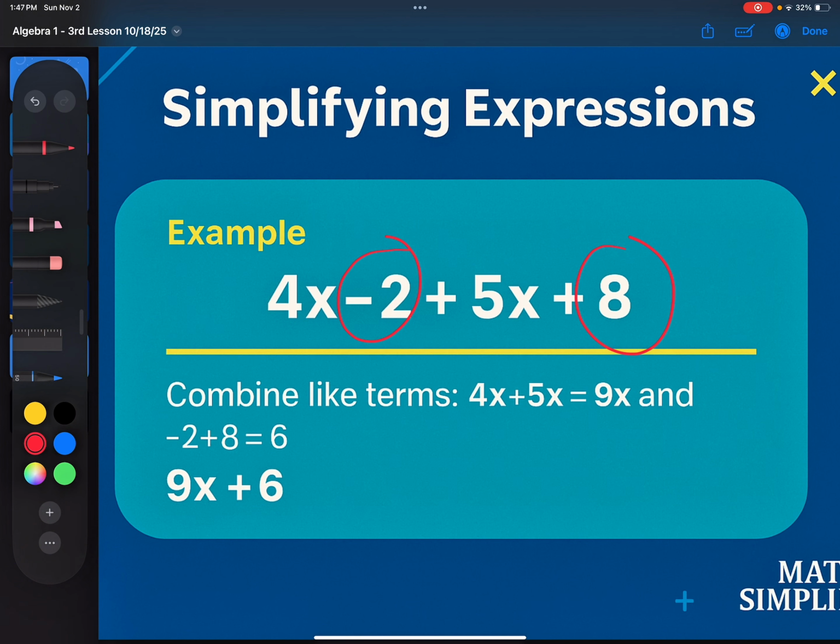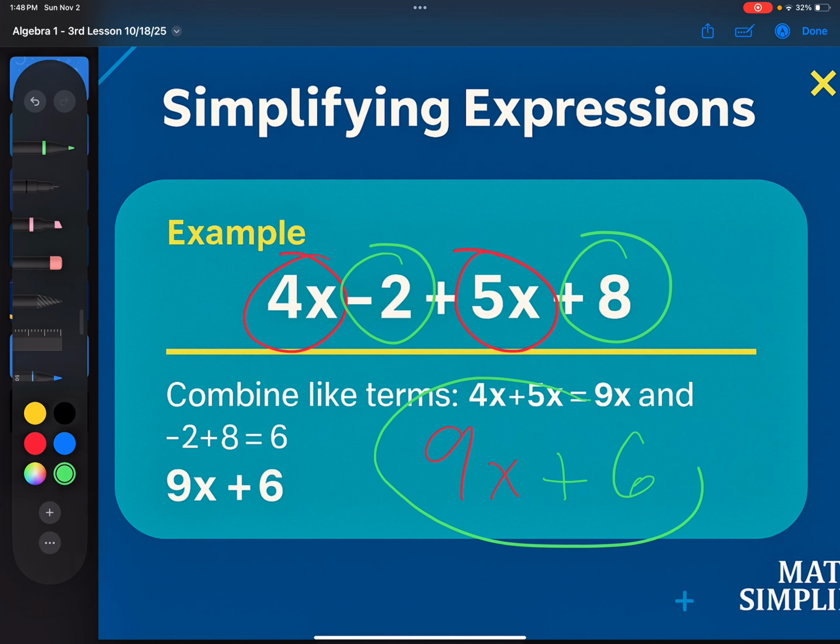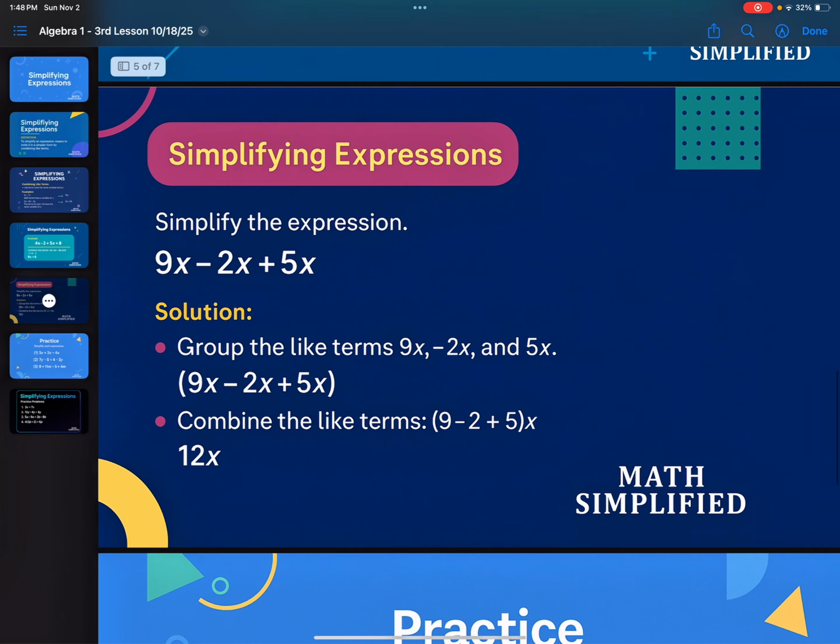First we add 4x plus 5x, which equals 9x. Then we combine negative 2 plus 8, which gives us positive 6. So this would be our simplified expression.